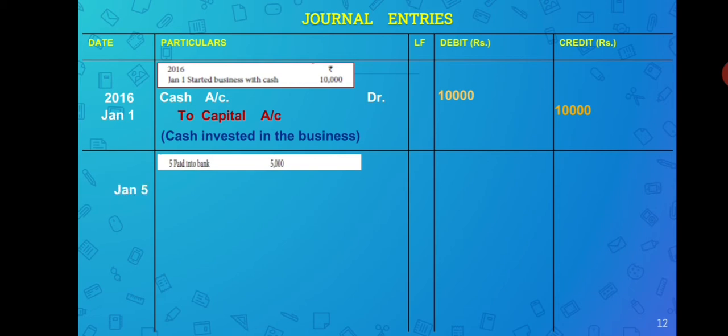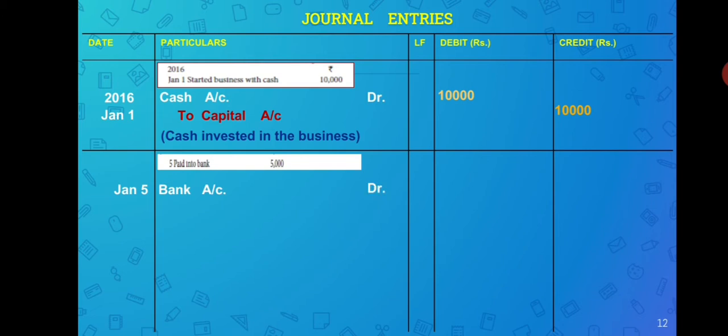Write the date and month in the date column. Now here when you pay cash into the bank, bank is a receiver. Bank வந்து உன் பணத்தை வாங்குறாங்க. So debit the receiver. Bank account is debited.